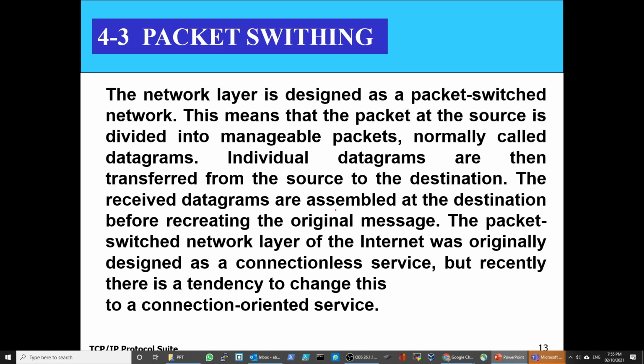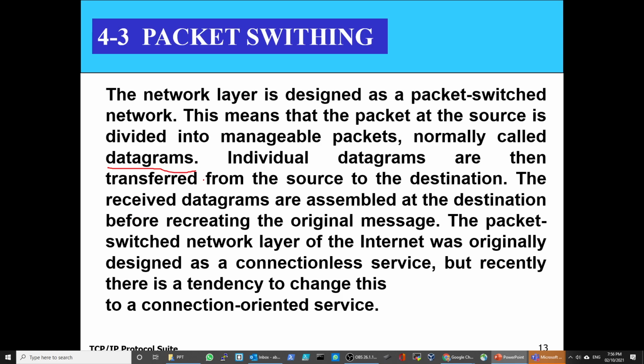The network layer is designed as a packet switch, not as a circuit switch. Phone lines are designed as a circuit switch, but networks are designed like a packet switch. That means the message at the source will be divided into packets. We call them datagrams at that level.